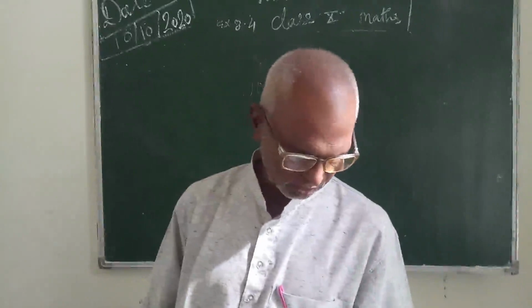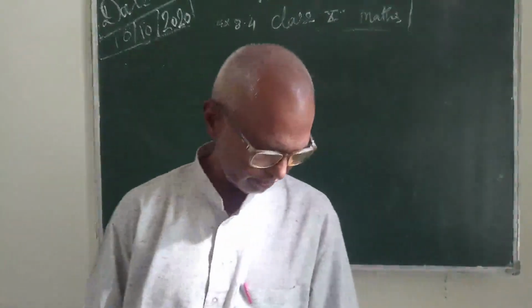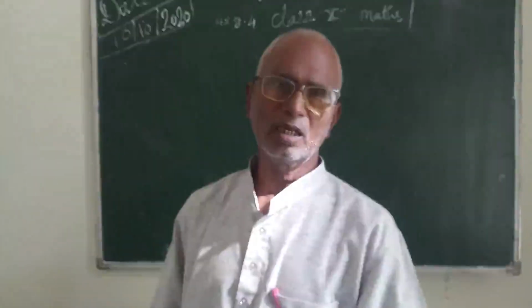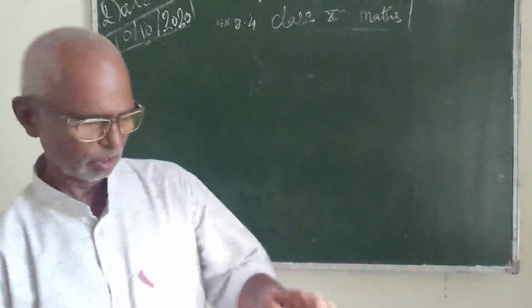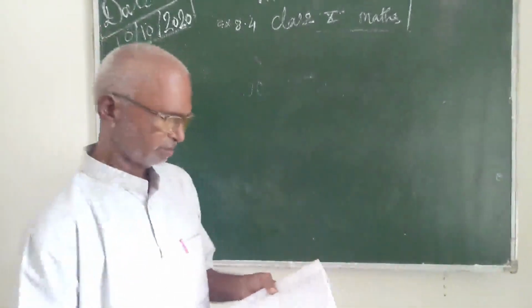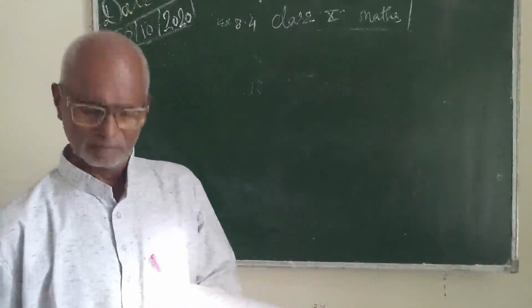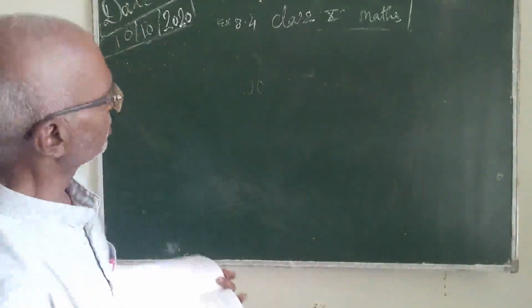After this chapter, one more chapter is left, application of trigonometry, that is height and distance. This exercise is based on the formulae which I have given earlier. In between, the complementary angles exercise was here.